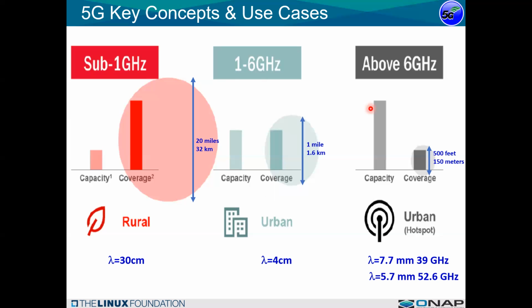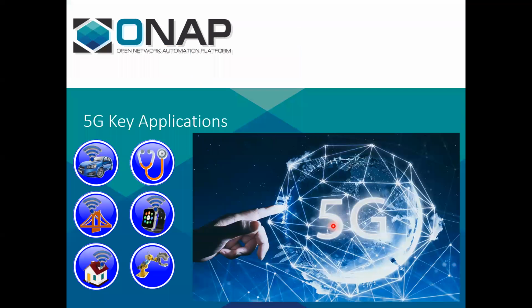And then above 6 gigahertz, just due to the physics of millimeter wave propagation, it doesn't propagate that far: 150 meters or 490 feet, with wavelengths on the order of millimeters, 6 to 8 millimeters. Okay, so some of the applications, which I think there are literally going to be hundreds and hundreds of new interesting applications that 5G will bring.